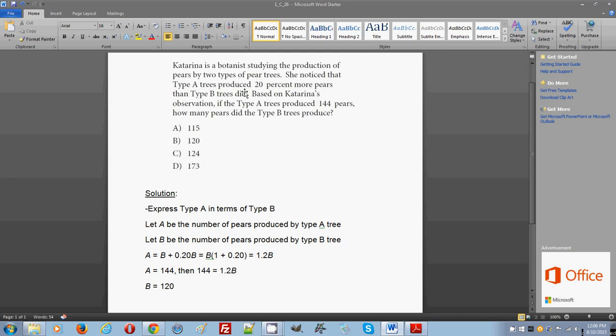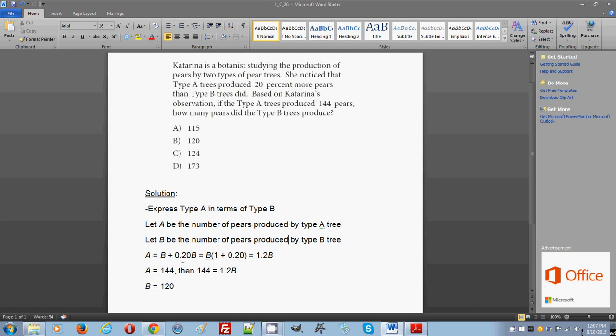At least the same number and also an additional 20%. So which is why we have B plus 0.20B. Now remember that 20%, if you want to express it as a number, you have to divide 20 by 100. Right? 20 divided by 100 will give you 0.20, right? So this pertains to the quantity that is 20% of something. And something is B, right? The number of pears produced by tree type B.